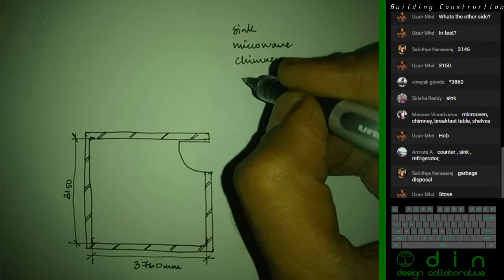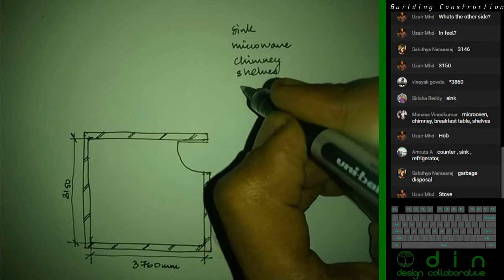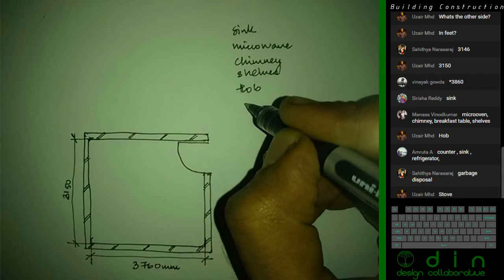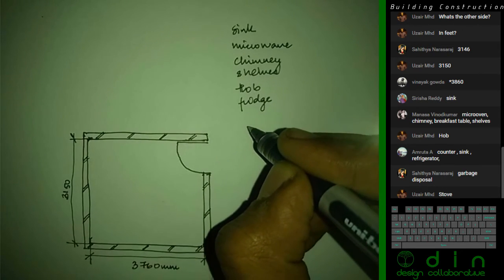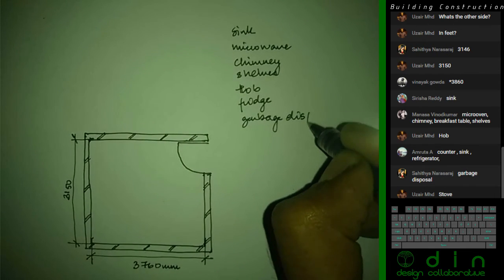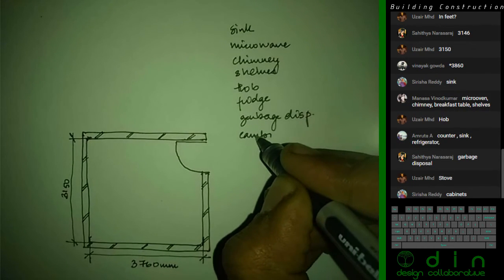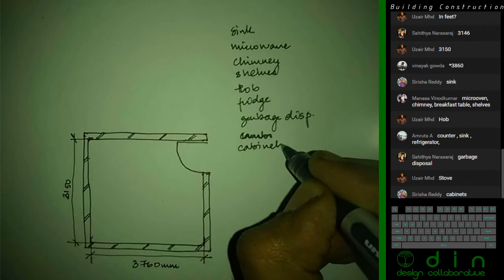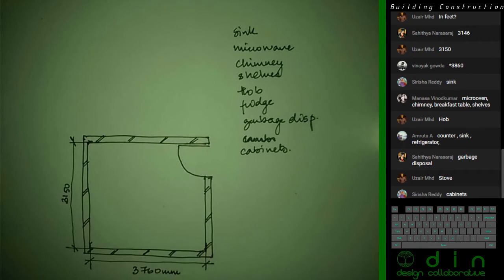Okay, we'll ignore the breakfast table for now, but remember that. Shelves, the hob, the counter sink, refrigerator, let's call it fridge, then garbage disposal, then stove, cabinets. Cool. What else? What else? What else?